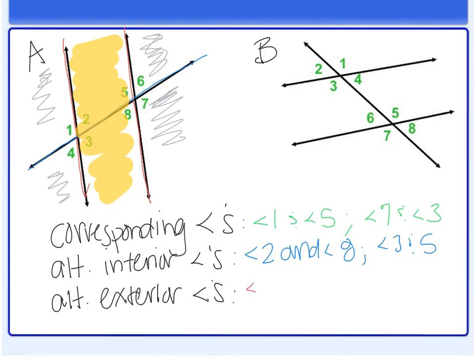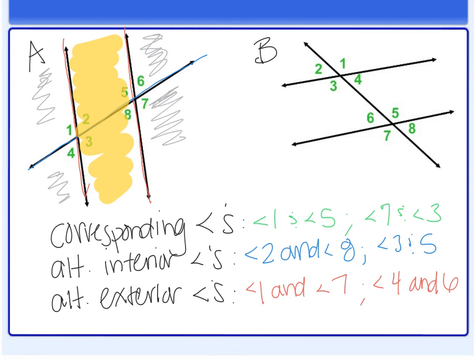So that would be angle 1 and angle 7. Angle 4 and angle 6. Notice all 4 of those angles I listed are on the outside edges of the parallel lines, and they're alternate because they are directly across from one another, so on either side of the transversal.